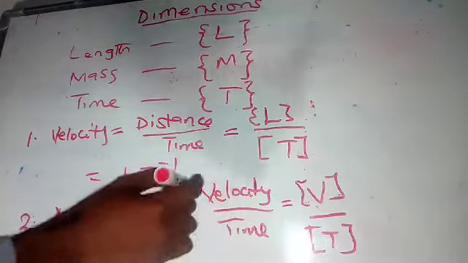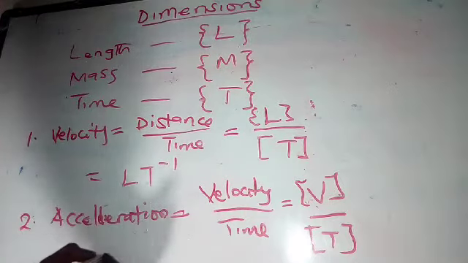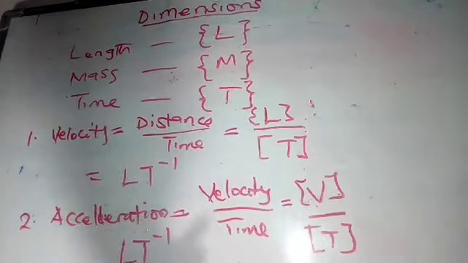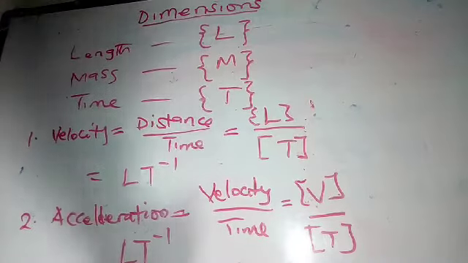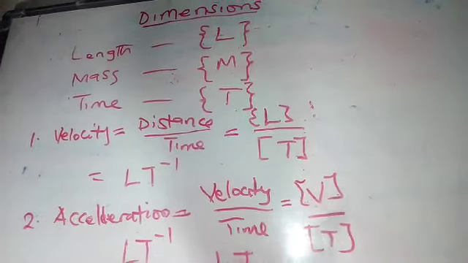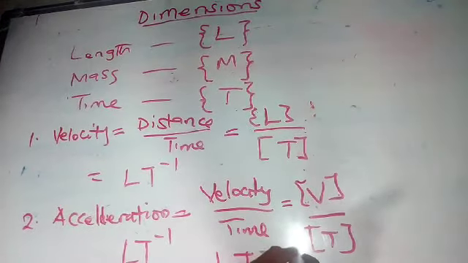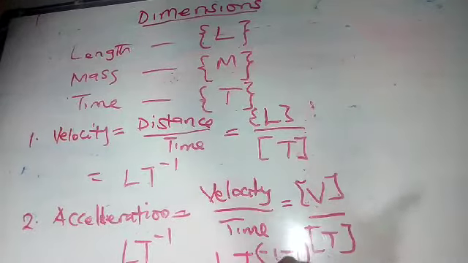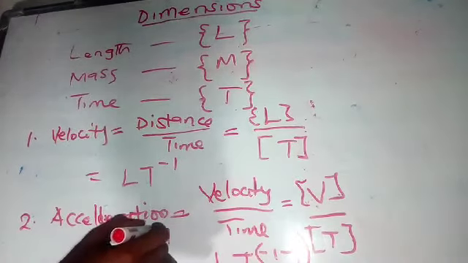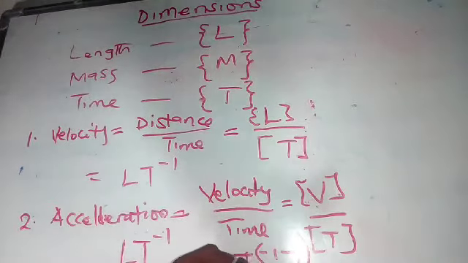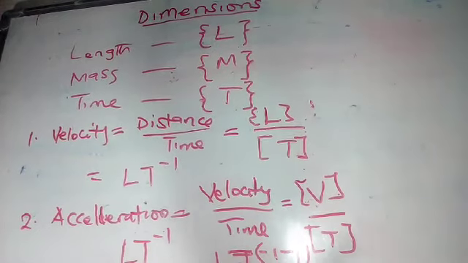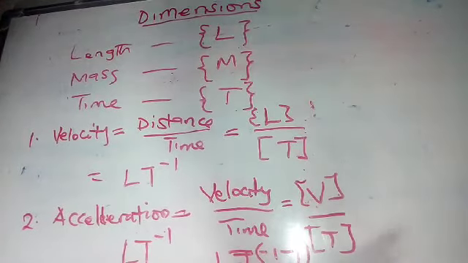Of course, the dimension of velocity was given here to be LT^-1. So you fix it here, divided by T, which is always for time. Using your indices, it is LT^-1 - 1. You're actually subtracting the powers because you are dividing: T raised to the power -1 divided by T is T raised to the power -1 - 1. That will give you LT^-2.